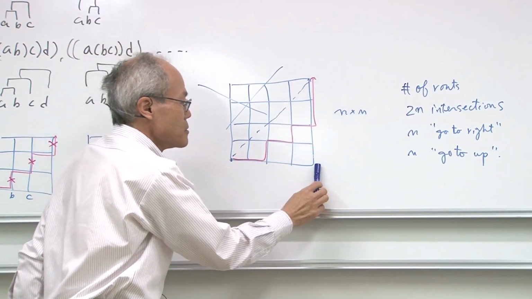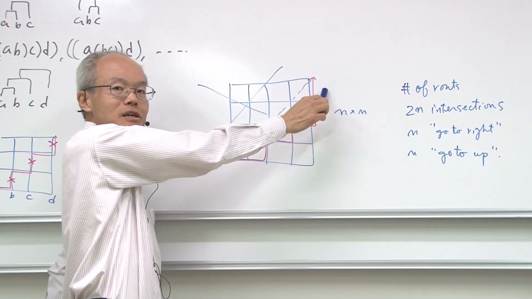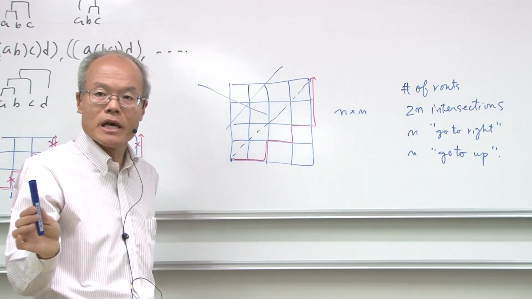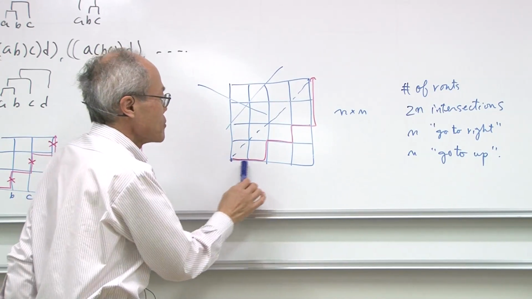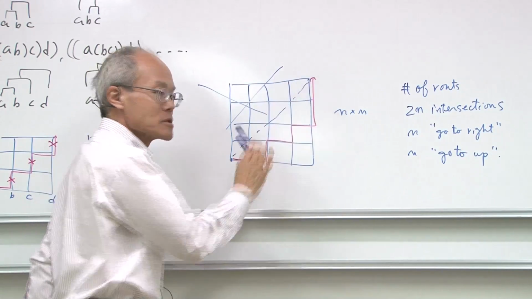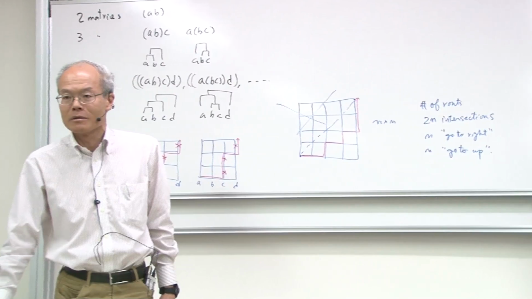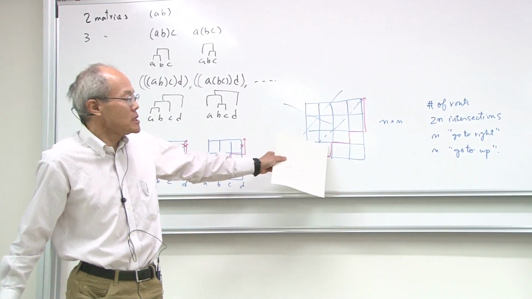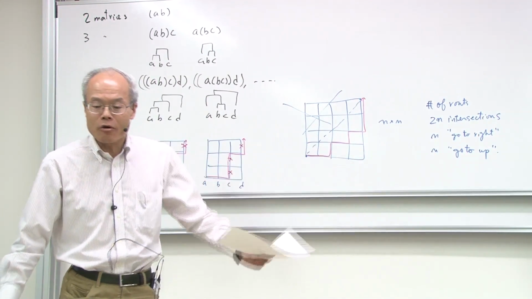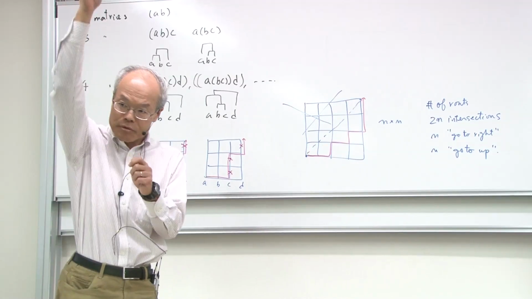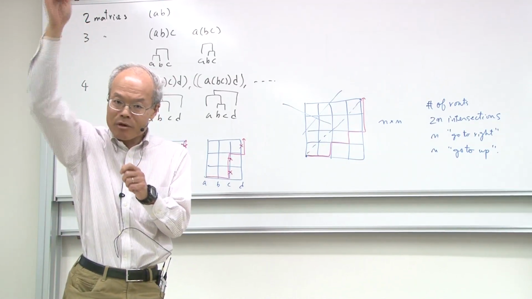So n plus n intersections. That's the same for any route, right? If you go like this, you still go through 2n intersections. And in each intersection, your choice is go to your right, or up. There are only two choices.